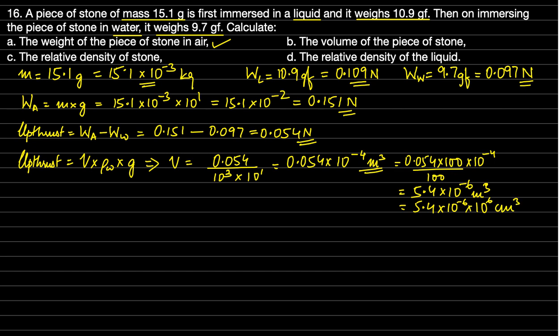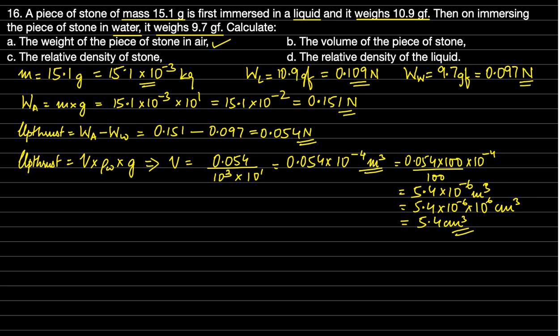Whenever we are converting meter cube to centimeter cube, we multiply by 10 to the power of plus 6. So we get this as 5.4 centimeter cube. So that would be our answer for volume. So we have got the volume as 5.4 centimeter cube.